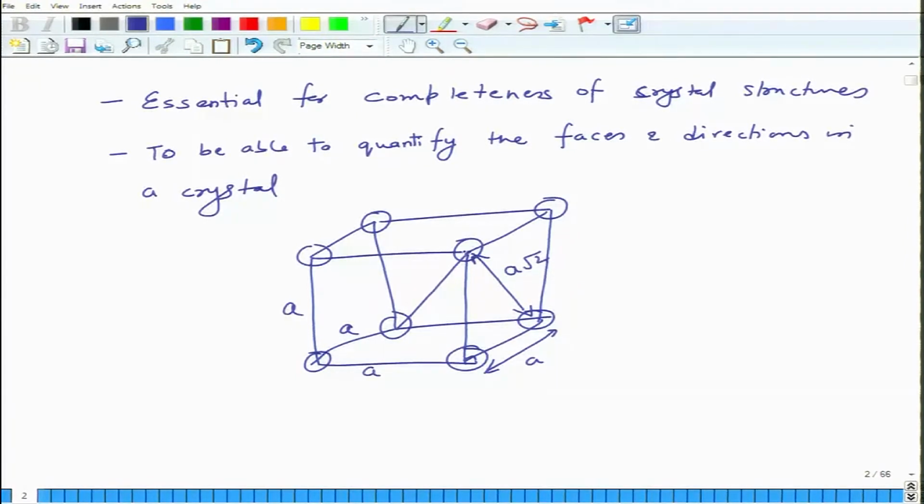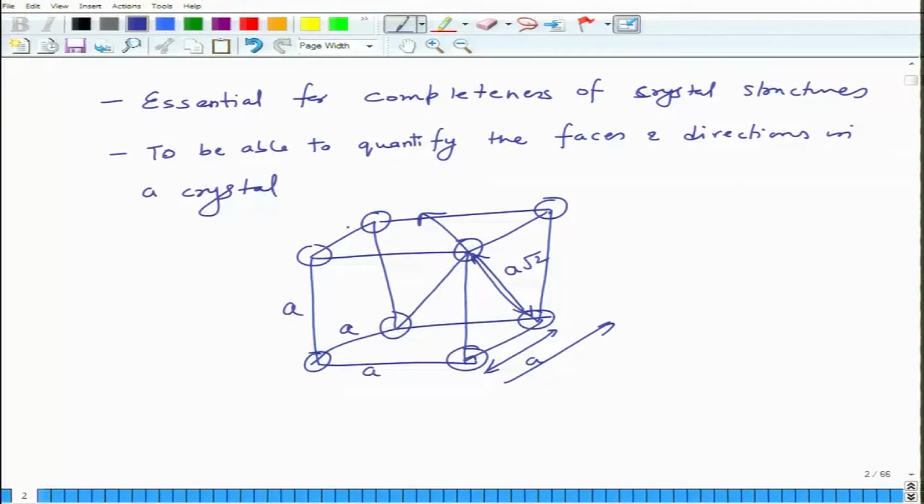Spacing between this and this is different, spacing between, for example, this and this is different. So, given that different atoms have different spacings with respect to each other, the properties also change in different directions. So, if I measure some response in this direction, it is different from the response that is measured in this direction. Okay. So, that is why we need to understand what is this direction, what is this direction.